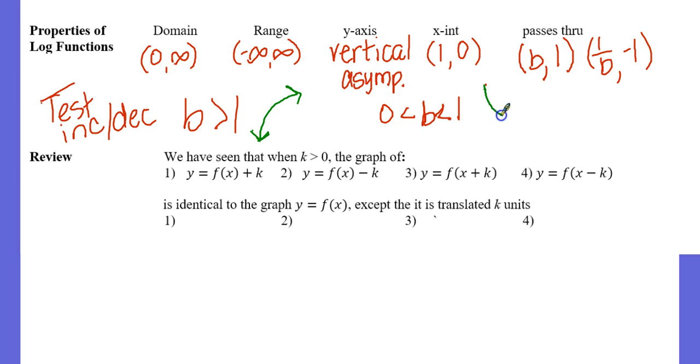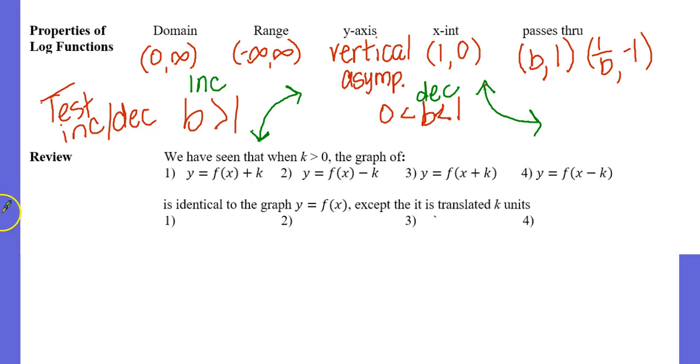It's going to decrease, so it's going to look like that. So we would call this an increasing log. We would call this one a decreasing log. So get that in there, write that down, and pay attention to it, because if you're graphing a base 1/4 log and your graph is increasing, you've done something wrong, because 1/4 is less than 1, so that graph should be falling, not rising. So use your mind, use your eyes.